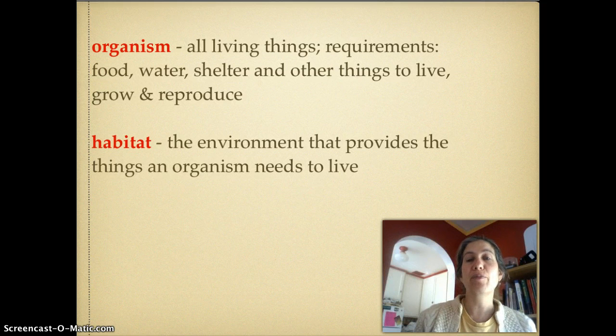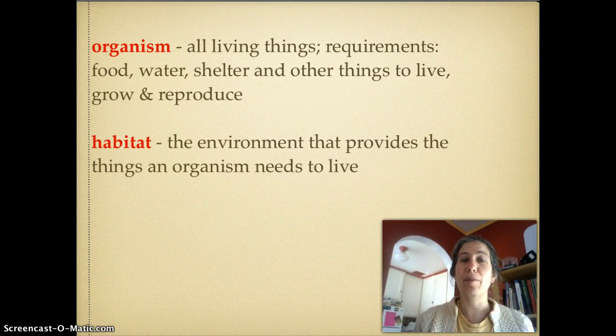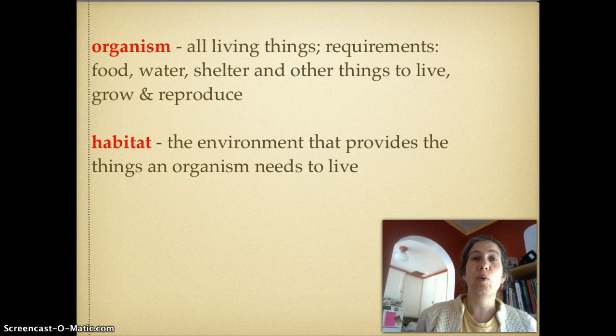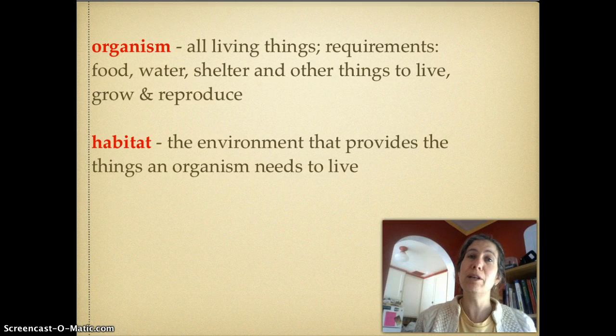All of these have particular requirements. For example, we need food, we need water, shelter that may differ from organism to organism. For example, we might need a house, whereas a snail's requirements are going to look a little bit different than ours. And some of the other things that they need are ways for them to grow and reproduce.